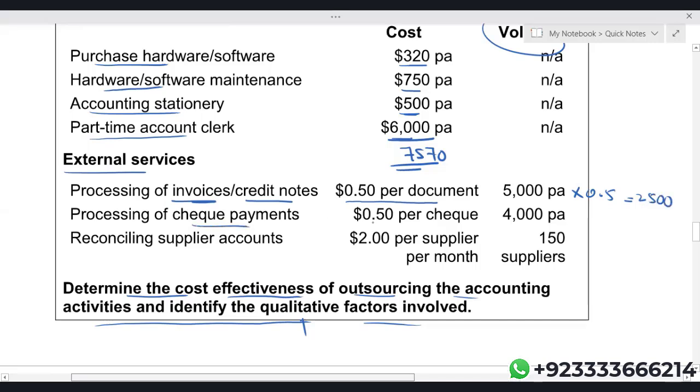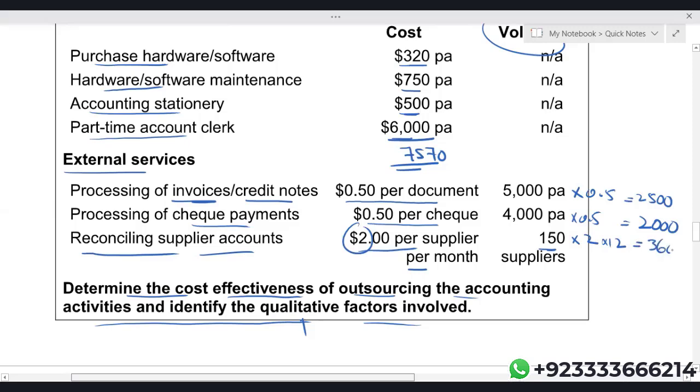Processing of check payments is 0.50 per check, they are 4,000 times 0.5. I'm getting 2,000. Reconciling suppliers' accounts is $2 per supplier per month, they are 150. Multiply by 2, and then multiply by 12, because 150 is per month and we are working for the whole year.